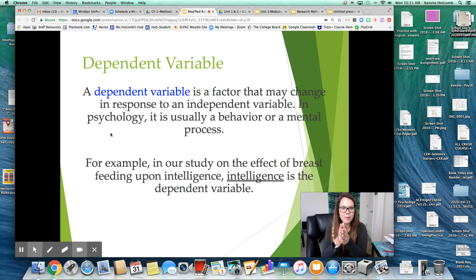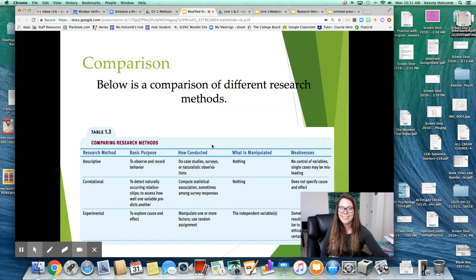So the independent variable is the one that's being manipulated, and the dependent variable will change or might change due to the independent variable. So kind of think of the dependent variable depending on the independent variable, right? I don't know if this is helping. I would highly recommend coming up with mnemonics because a lot of students get independent and dependent variable mixed up, okay?